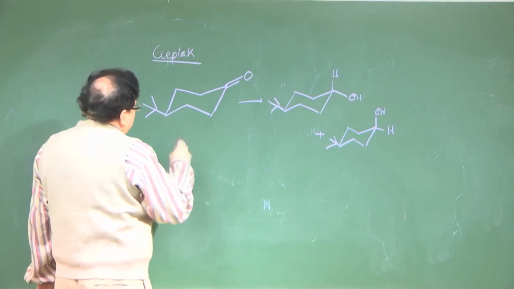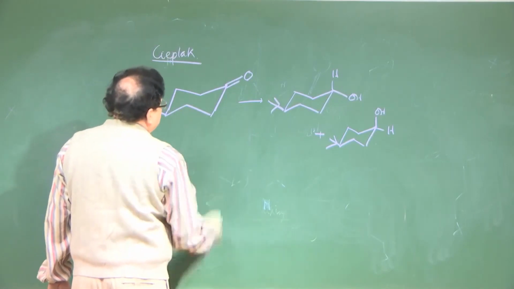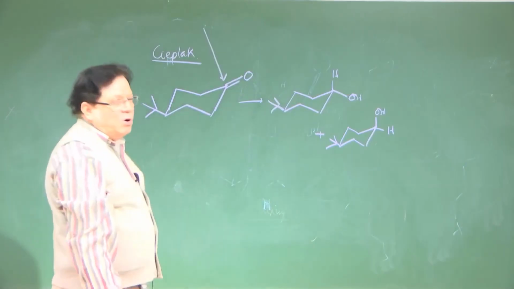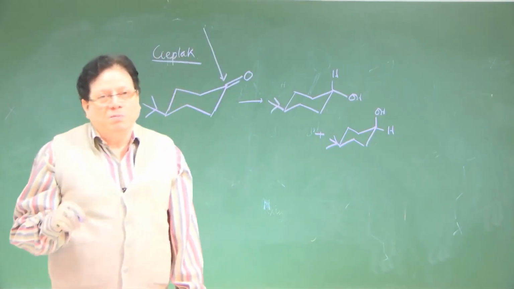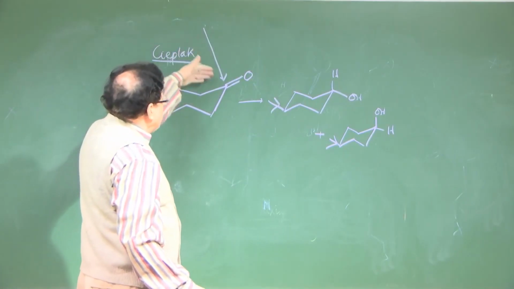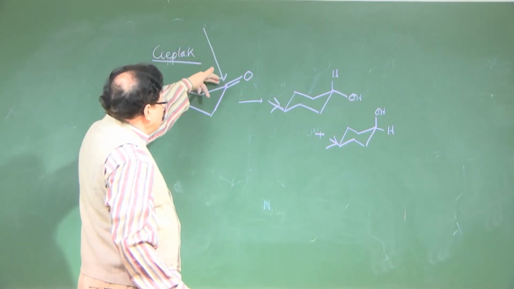What is that? According to Cieplak, remember, to get the equatorial alcohol, the nucleophile should approach from the top face, from the axial face, you can say, relative to this carbonyl carbon.